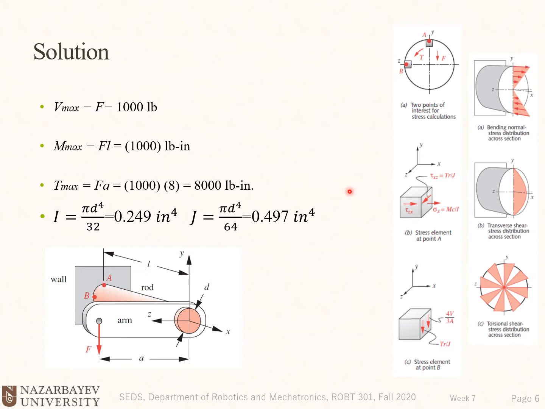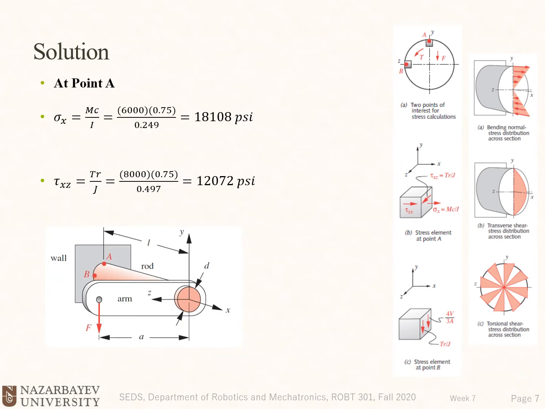At point A we have a maximum bending normal stress, and at point B the normal stress will be 0 at the neutral axis and completely opposite in terms of transverse shear. Okay, so we will discuss the stress element on each of these points in coming slides. Okay, so first let's do the analysis on point A.